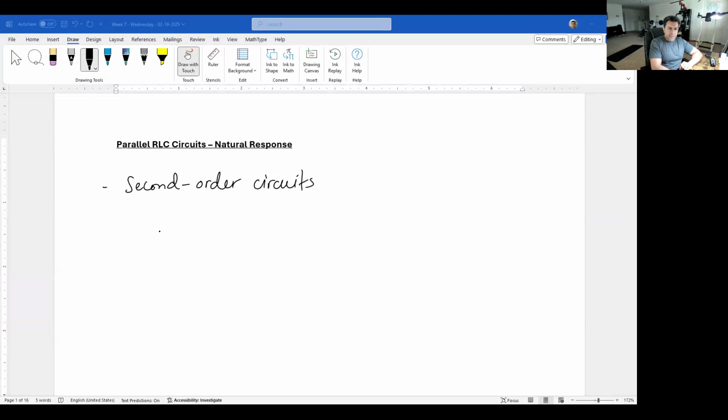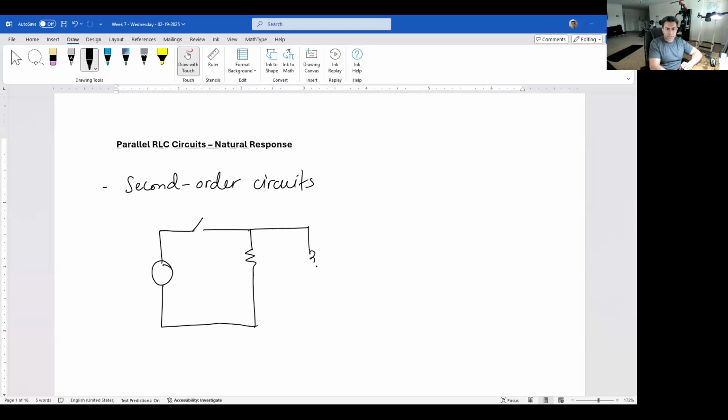So parallel RLC circuits, simply, we're going to start with the simplest one. That is, you have a source and you have a parallel RLC circuit, one resistor, one inductor, and one capacitor parallel to each other. And let's assume that the source is a current source.